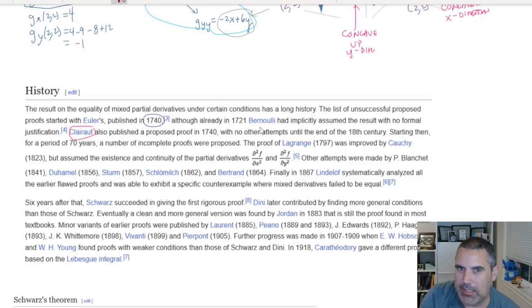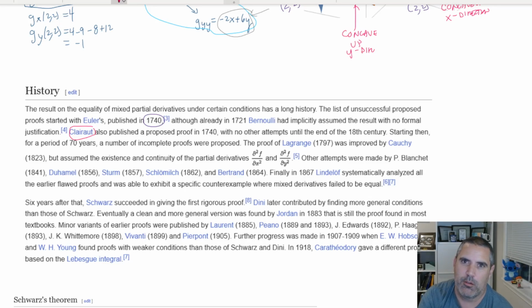Then others studied it. His proposed proof, so what proof meant was, what are the conditions? And the conditions now, there's a lot of ways people can say it, but you need continuous second partials. The reason it was hard is I think it was probably hard to find counterexamples, meaning examples that didn't have continuous second partials, but also it didn't work. It often didn't work at a particular value.